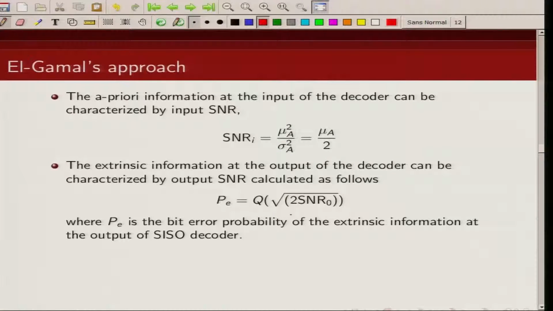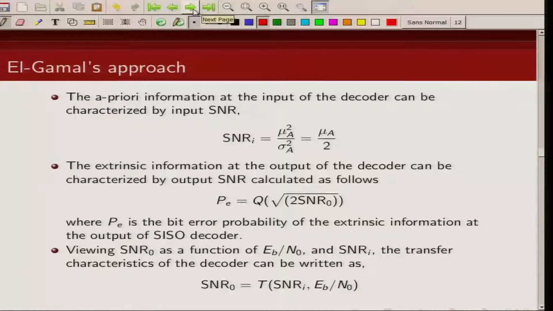And since our output is approximated as Gaussian, we can calculate the output probability of error as a function of output SNR, and they are related using this Q function. Now, what we can do is write this output SNR in terms of input SNR and our operating signal to noise ratio.